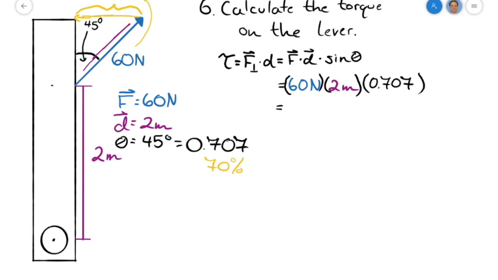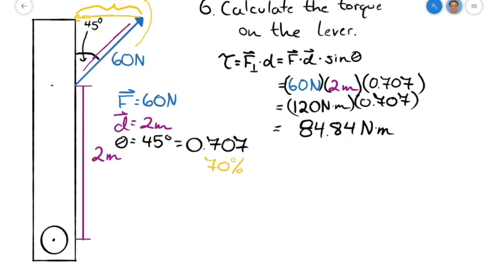And what we end up getting is 120 newton meters times this 0.707, because remember, I'm only going to get 70% approximately of that. So 120 times 0.707, I get 84.84 newton meters.